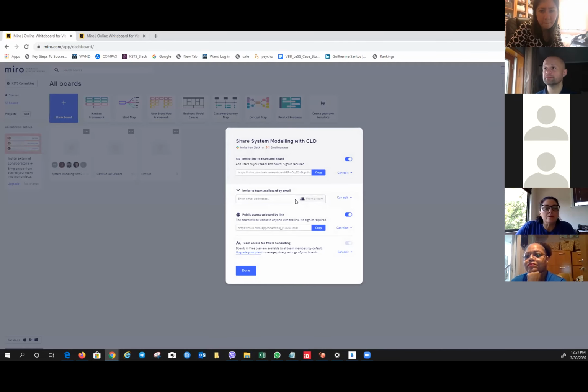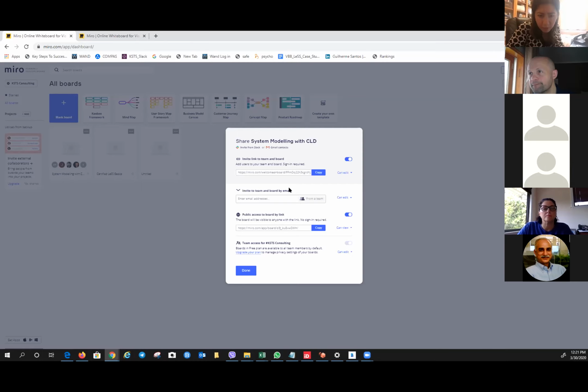I just did that. Yeah, and then you have to change the public access. There's a can view, you can change to can edit from the public access. Public access can edit. Drop down, can view.